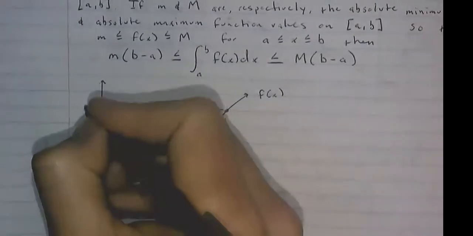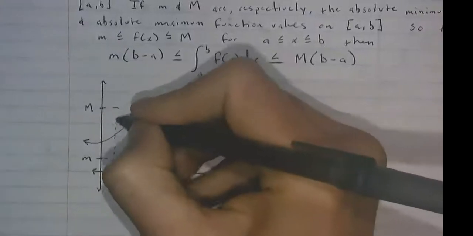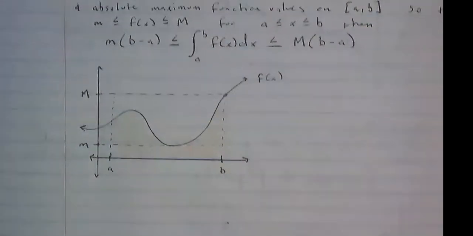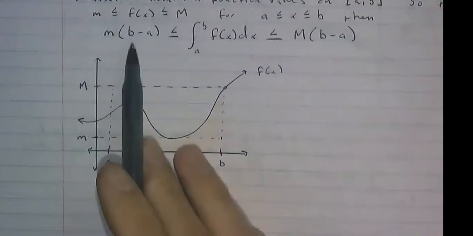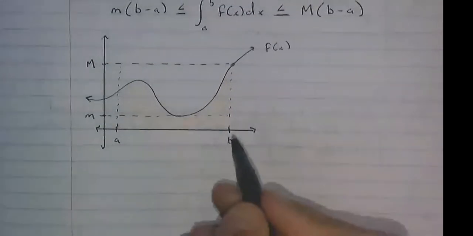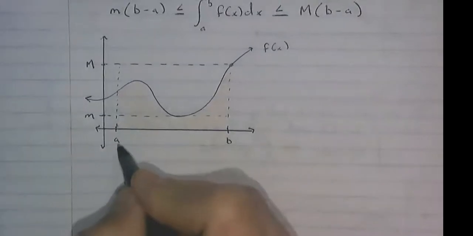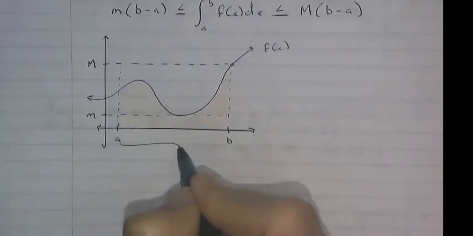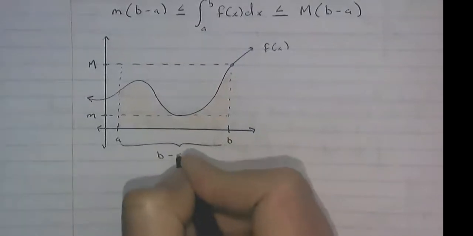And so this would be big M up here. Okay, so we've got the little m and the big M. What the heck is b minus a? Well, b minus a is the distance between a and b. So this distance here is b minus a.